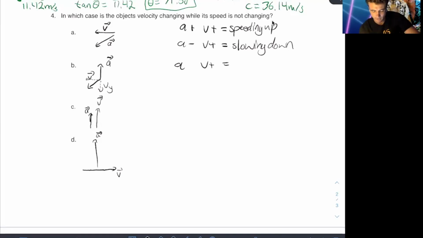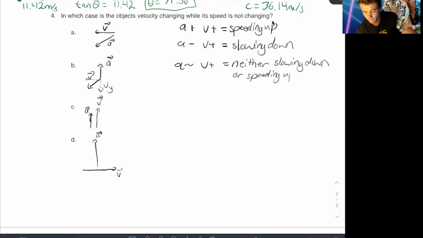When we break it down into its x component, because we only have velocity in the x component, it's essentially our car, or whatever the object is, neither slowing down or speeding up, right? Okay, so that's good. That's what we're looking for. Our speed is not changing, but is our velocity changing? Yeah, our velocity is changing.